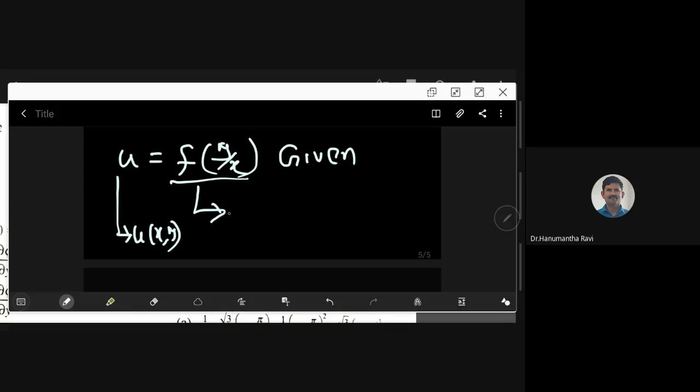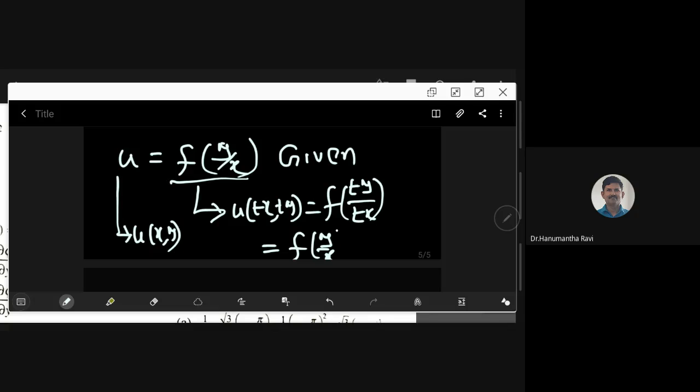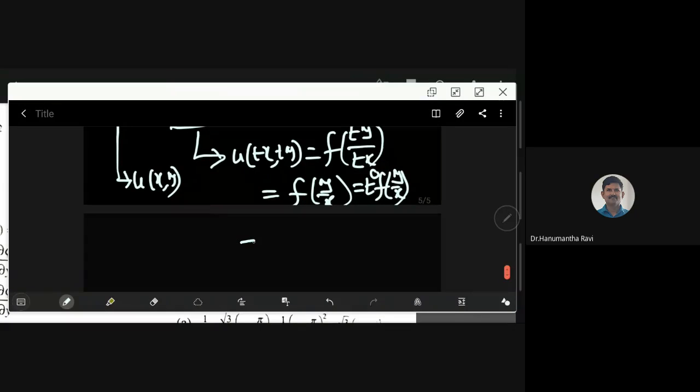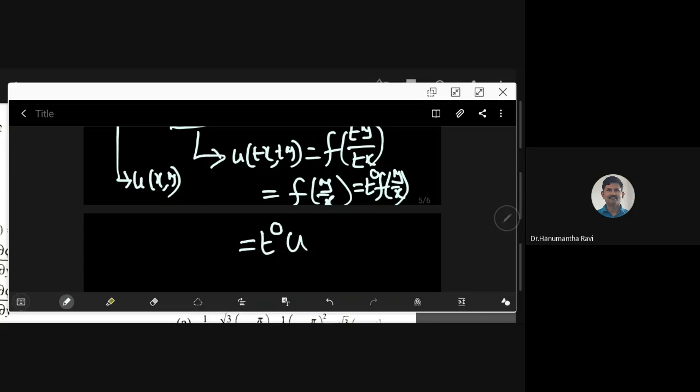So what is u of tx, ty? It is f of ty by tx. So this is equal to f of y by x. This can be viewed as t power 0 into f of y by x, nothing but t power 0 into u.